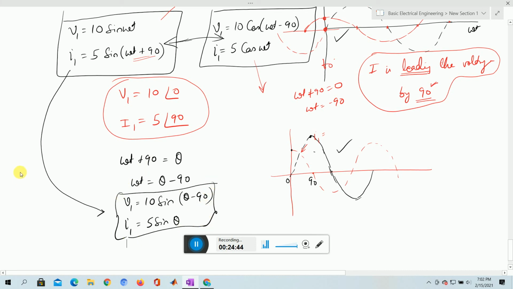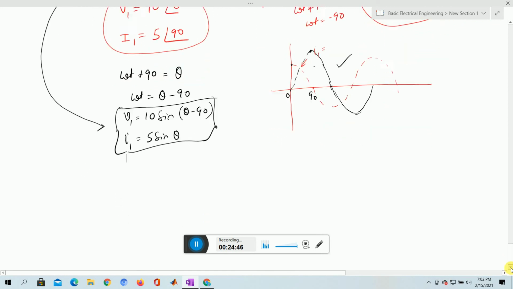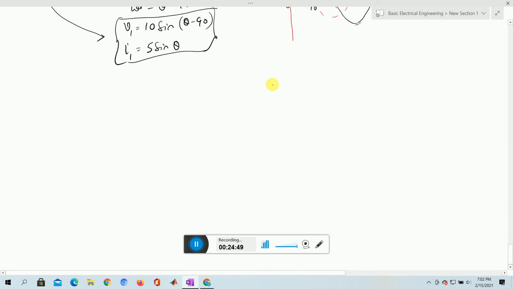So if I have that equation, what will be the waveform of the current and the voltage? Let us draw that and see what difference we get. Current is now made the reference, since we changed the variable from omega t to theta. Let us say I draw the current waveform as a sine wave, and this is the current I1. Now we have V1 here, starting at 90 degree.